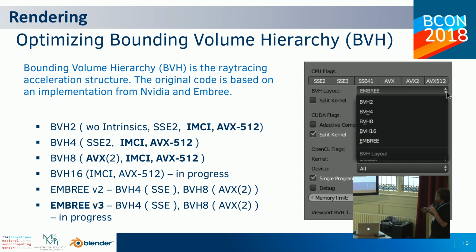For instance, if you need to process BVH 8, you need to have 8 floats processed at the same time, so you need at least AVX. Or you can use AVX-512, which can process 16 at the same time. The ideal would be BVH 16 for AVX-512 because it can process 16 floats at the same time. Porting to these different low-level optimizations is work that we've mostly done.